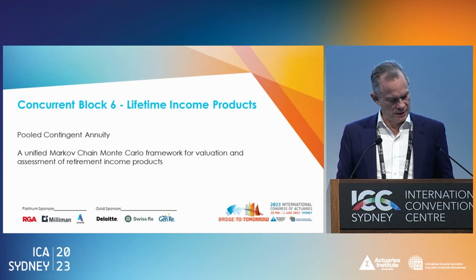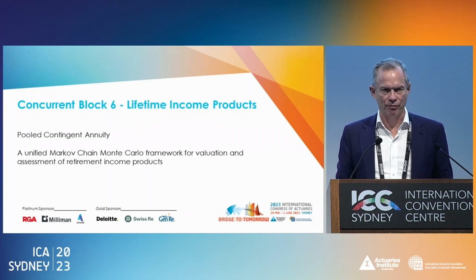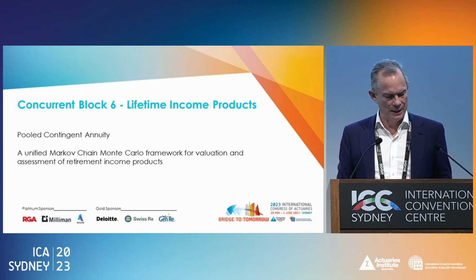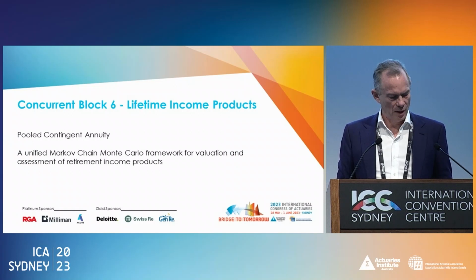So the session topic is lifetime income products, and for those of you not working in Australia, there's intense interest in the retirement income phase in Australia at the moment, and that's certainly not unique to Australia. That's an issue being addressed all around the world by actuaries and others.